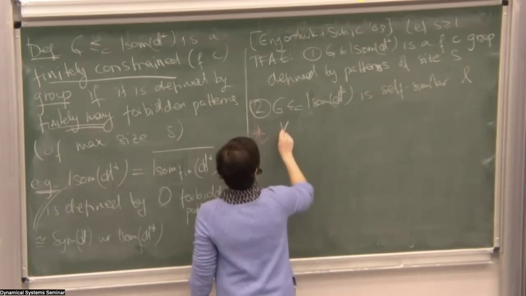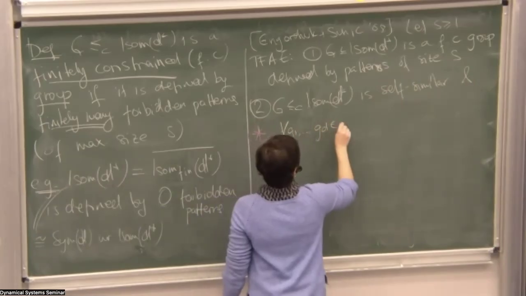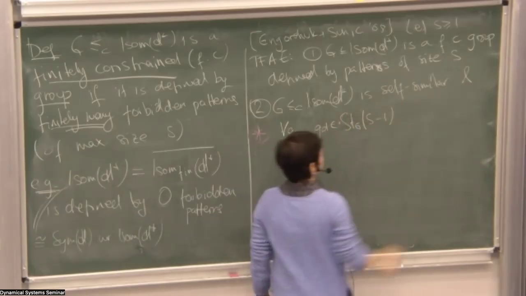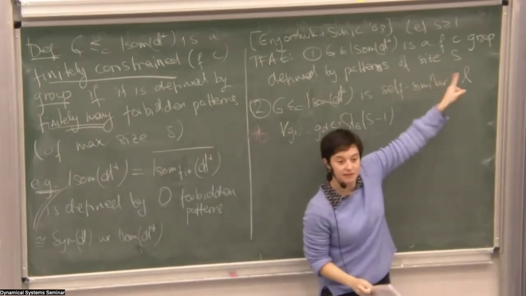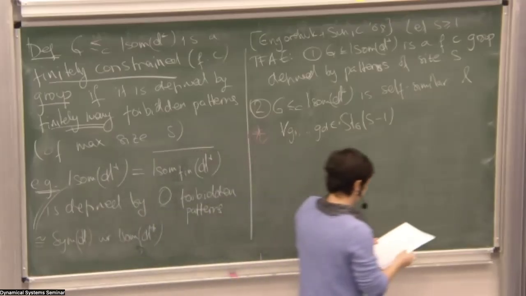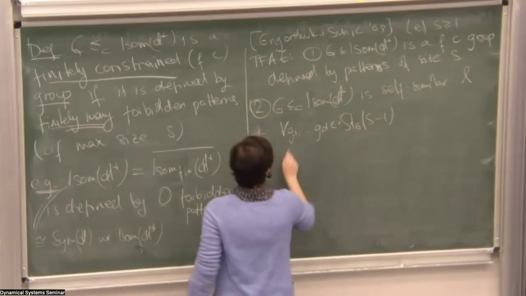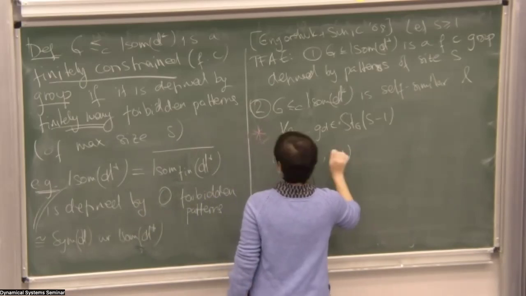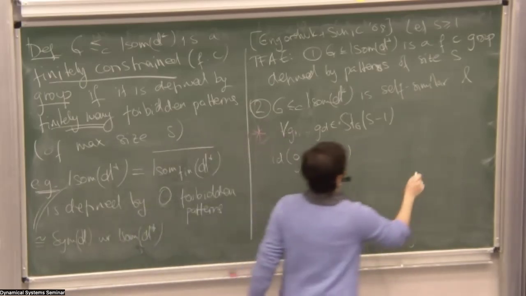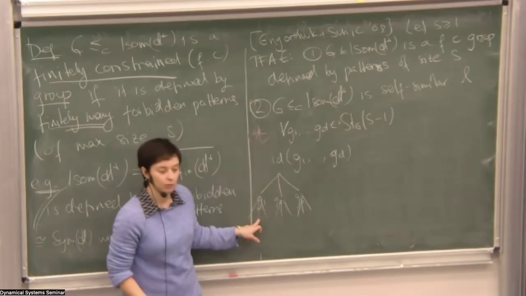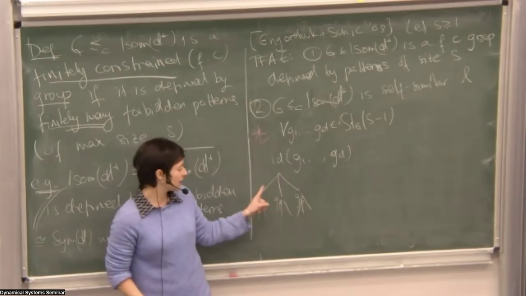The condition says that if I pick any D elements, not just in G, in the stabilizer of level S minus 1, and I've chosen the subscripts deliberately so that you can see that it's different, then consider the automorphism of the tree that does g1 on the first subtree, g2 on the second one, g3 on the third, and the identity on level 1.